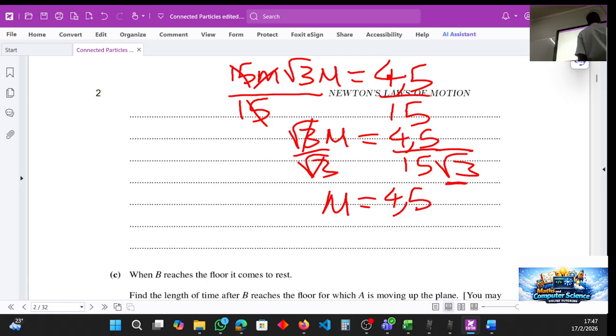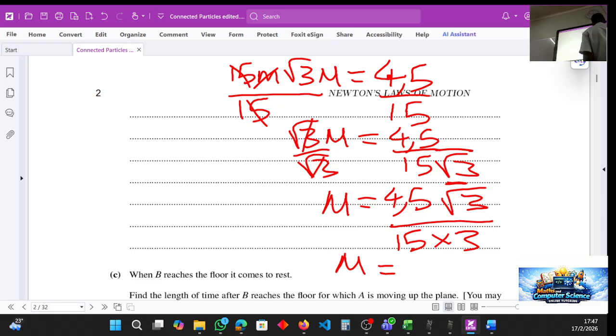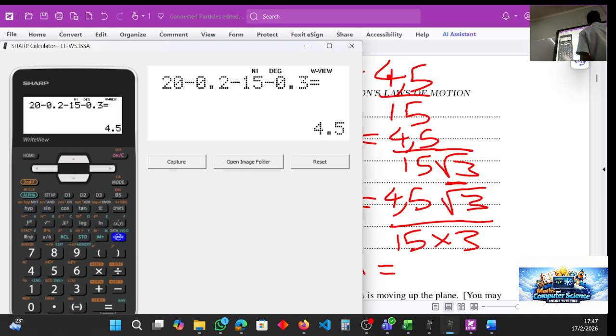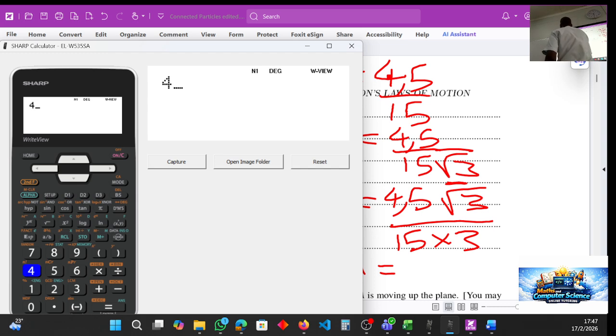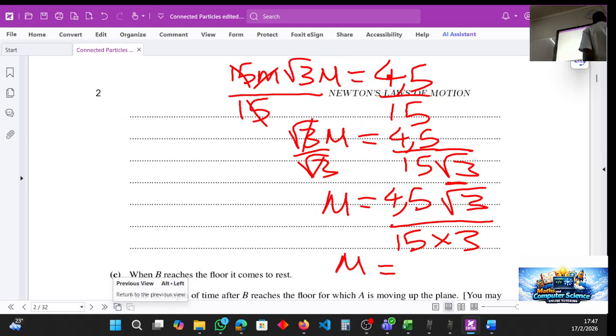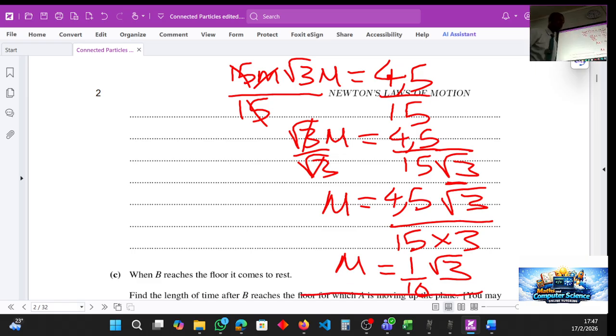I'm not allowed to leave root 3 on the denominator, so I'll rationalize: on the numerator I have root 3, and on the denominator I'll end up with 15 times 3, which gives me 45. To simplify, 4.5 divided by 45 gives us 1 over 10. So this is 1 over 10 root 3. That's our coefficient of friction.